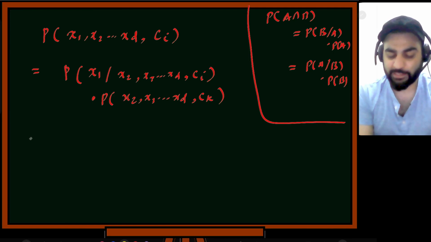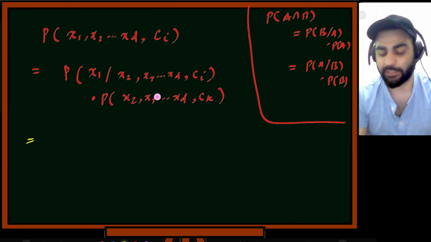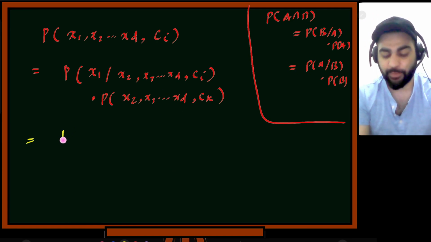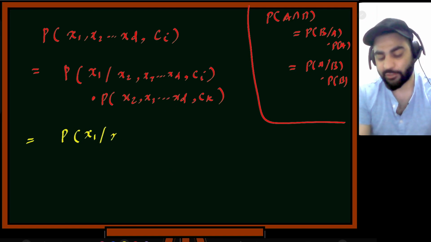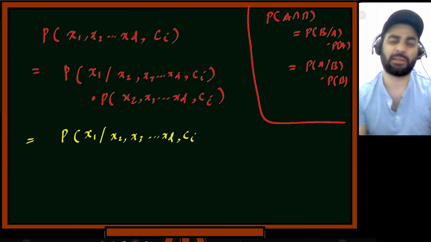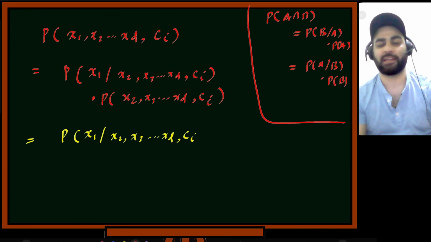So now if you can see this, I can again apply the same rule onto this x2. So I can write probability of x1 given x2, x3 till xd, comma ci. So here is also ci. I means class. Sometimes I write k with the classes and sometimes I write i, so it doesn't matter.